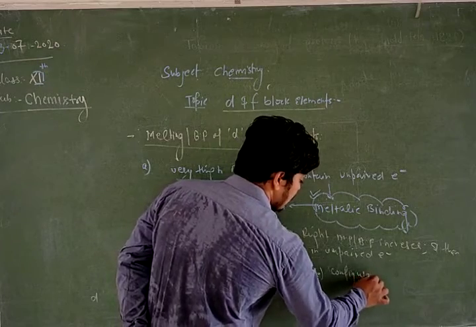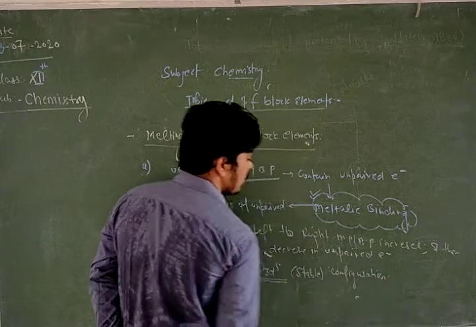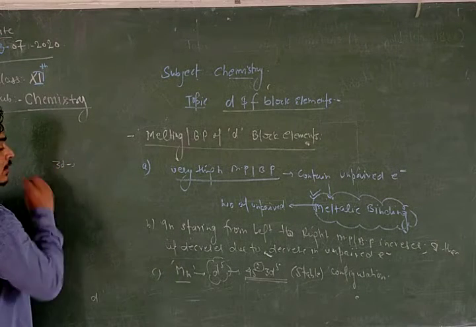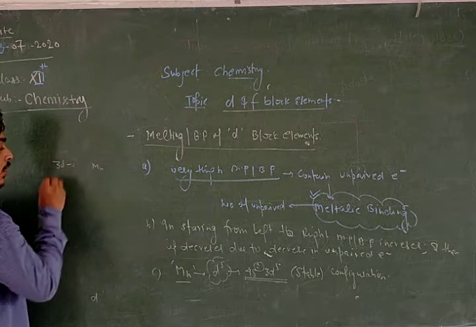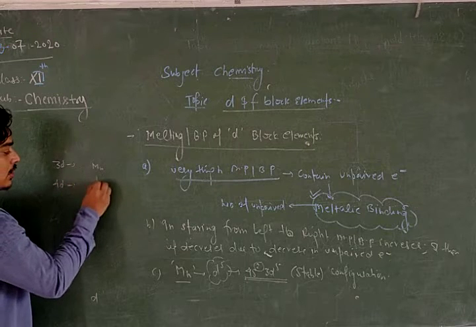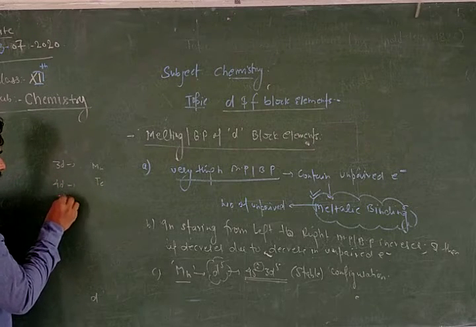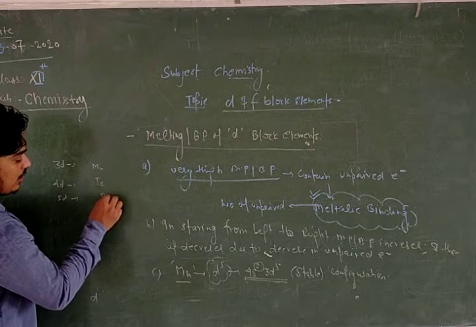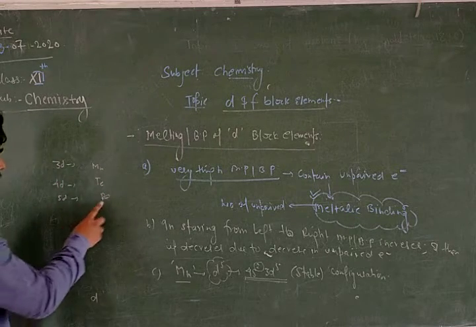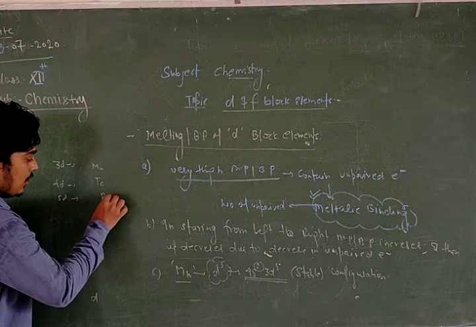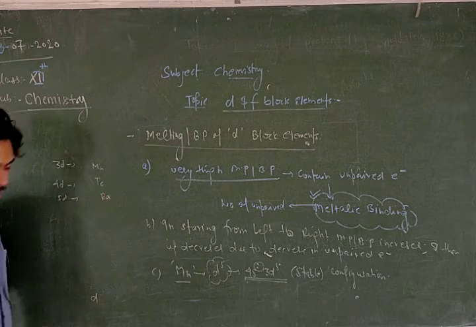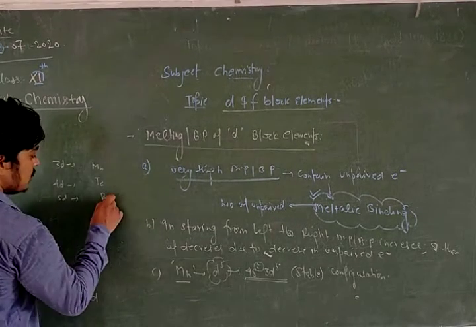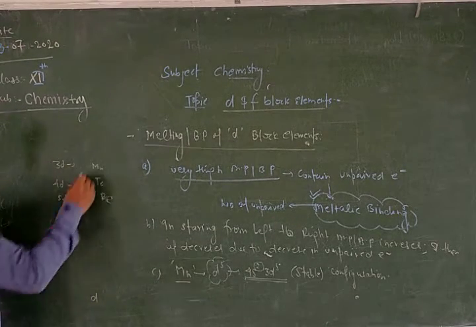Manganese contains a stable configuration. Means in the 3D series this is manganese, in the 4D series this is technetium, and in the 5D series this is rhenium, Re. This is the 5D series member of the manganese group.